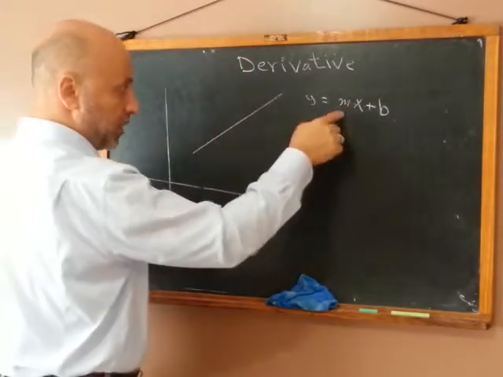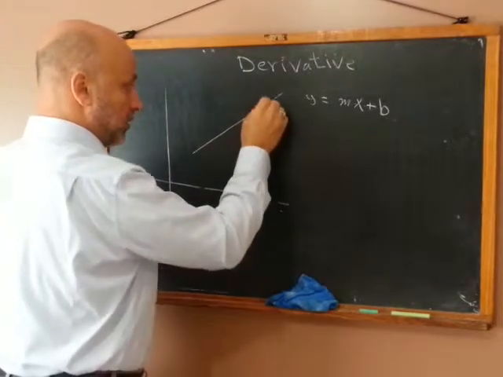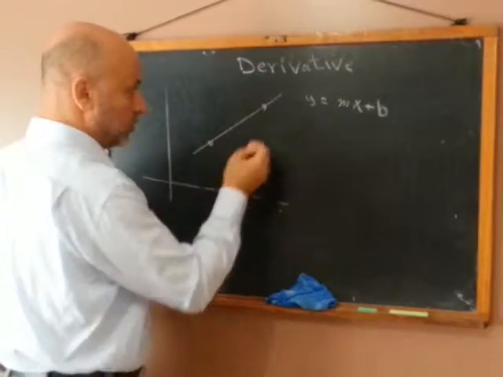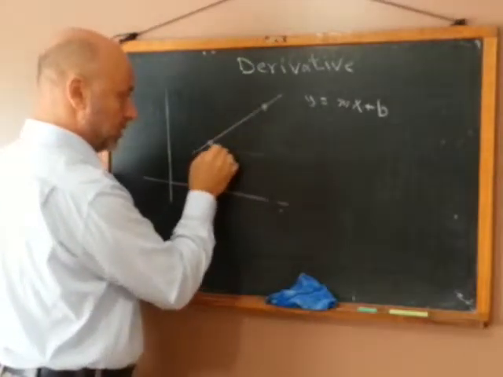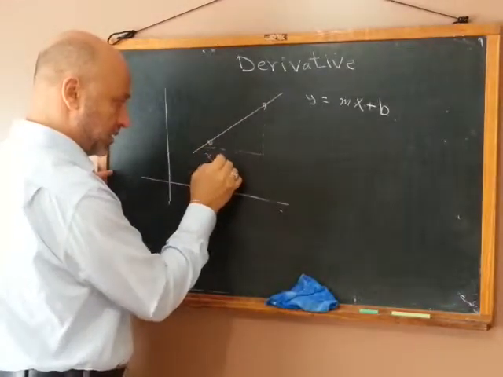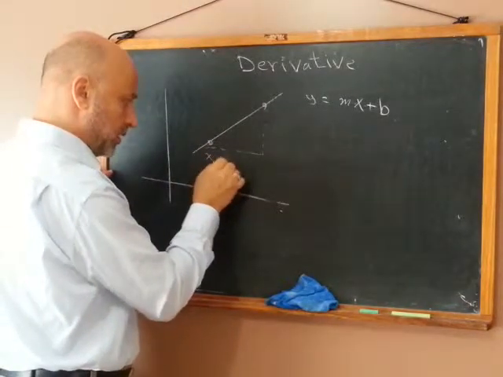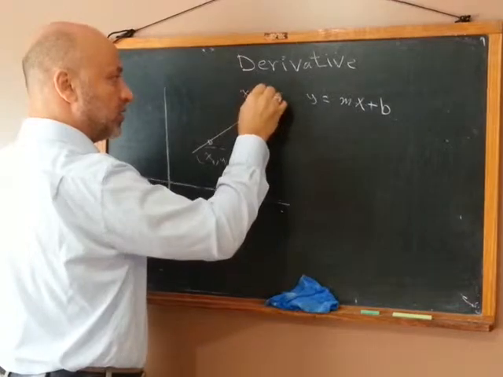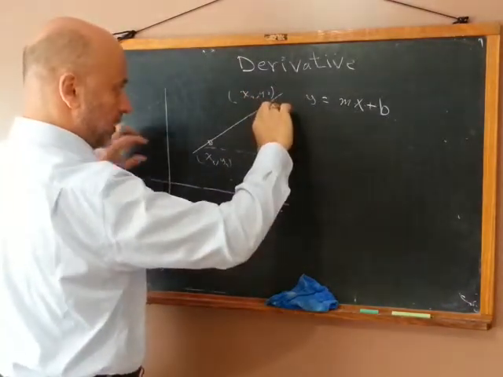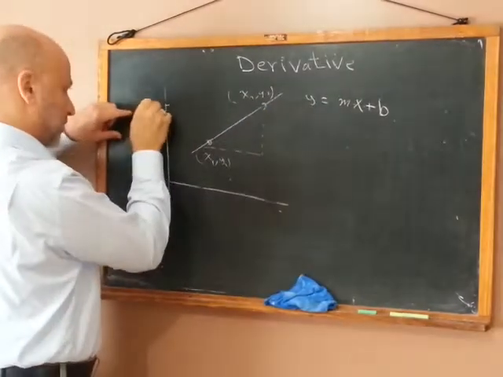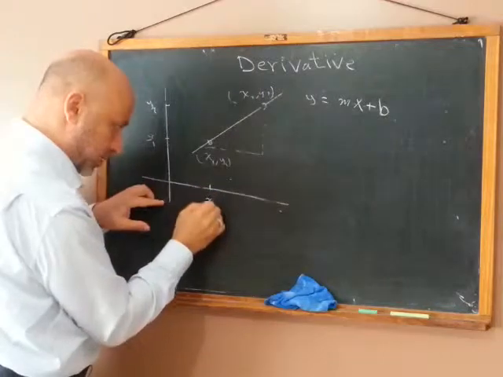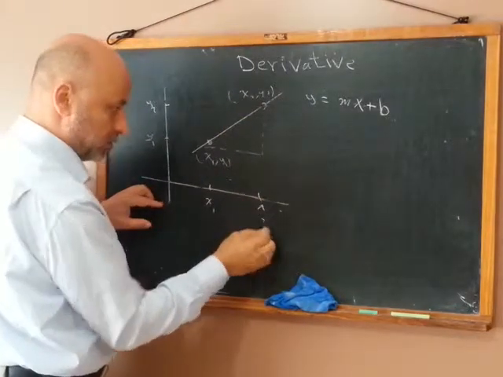If we need to calculate the slope, then the only thing we need is just to choose 2 random points. This point is x1, y1, and this point x2, y2. This is y2 and this is y1, this is x1, this is x2.